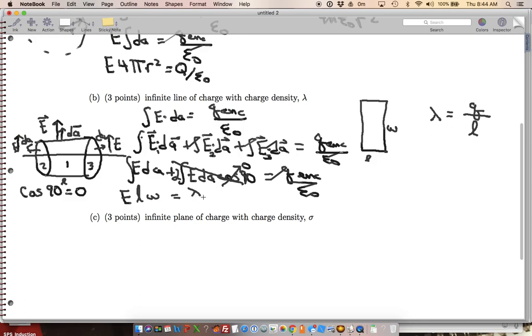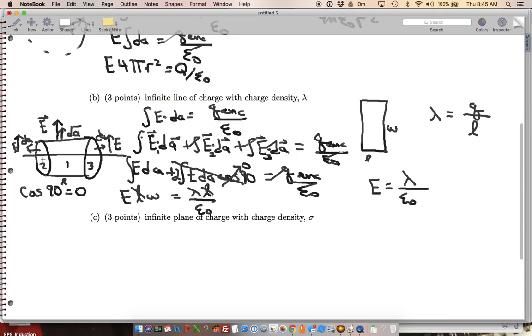So I've got lambda L here over epsilon naught. I'm just plugging in Q enclosed, which is lambda times L. So now I can cancel my L's, and I get E is equal to lambda over epsilon naught.